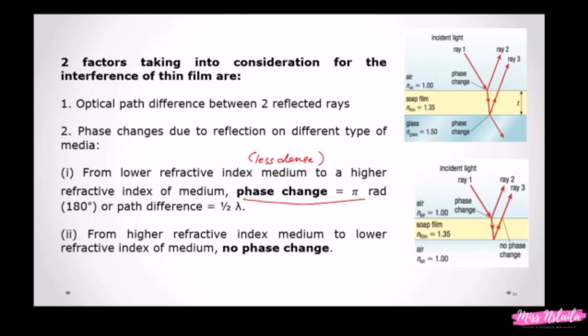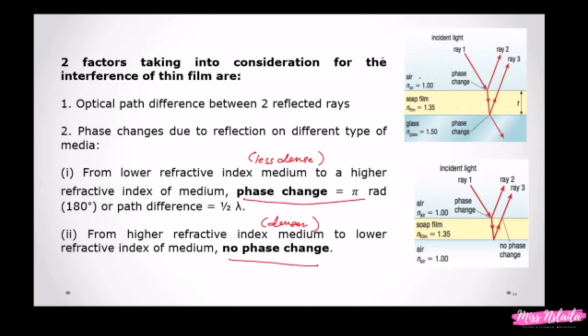If the reflection is from a higher refractive index medium, or denser medium, to a lower refractive index medium, there will be no phase change. This phase change will determine whether the light rays are in-phase coherent sources or anti-phase coherent sources. Now let's look at the first diagram.